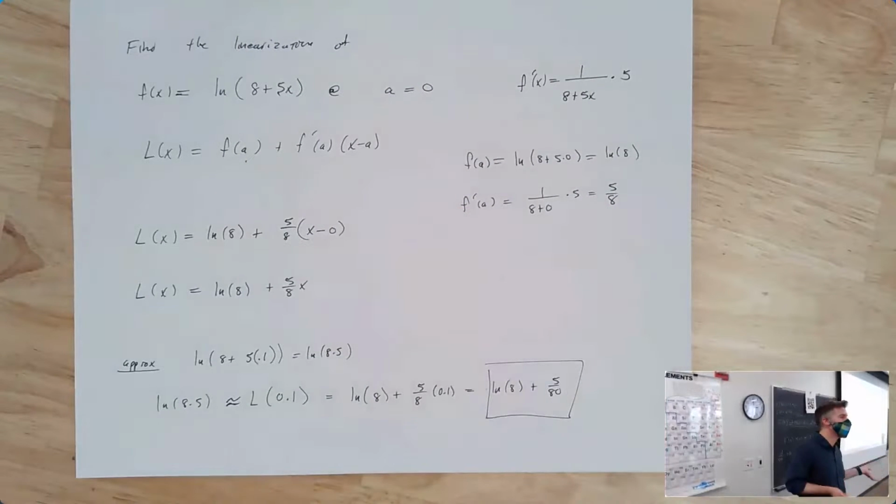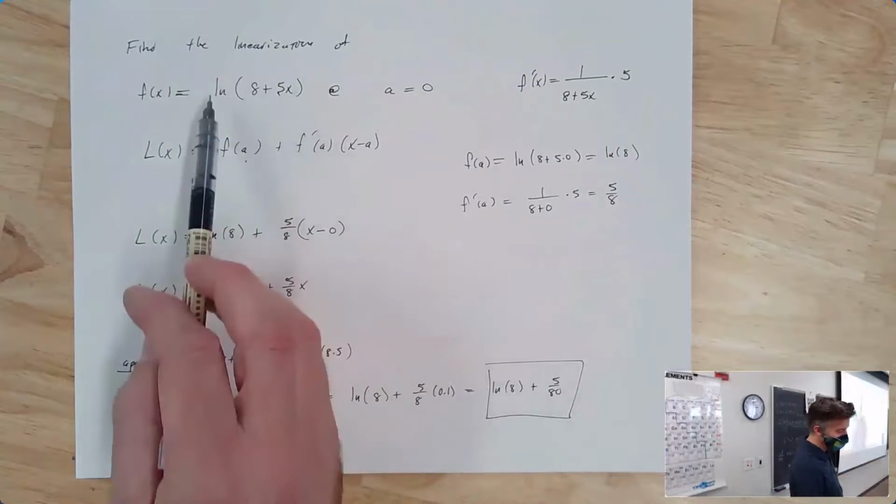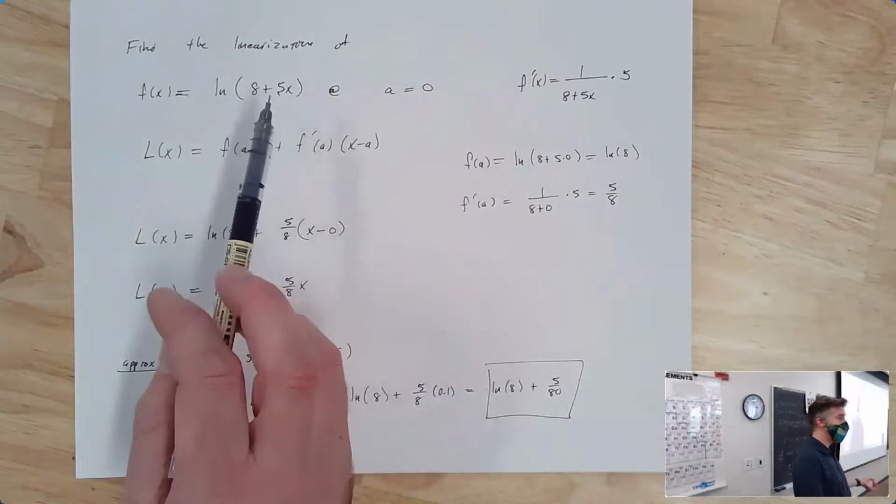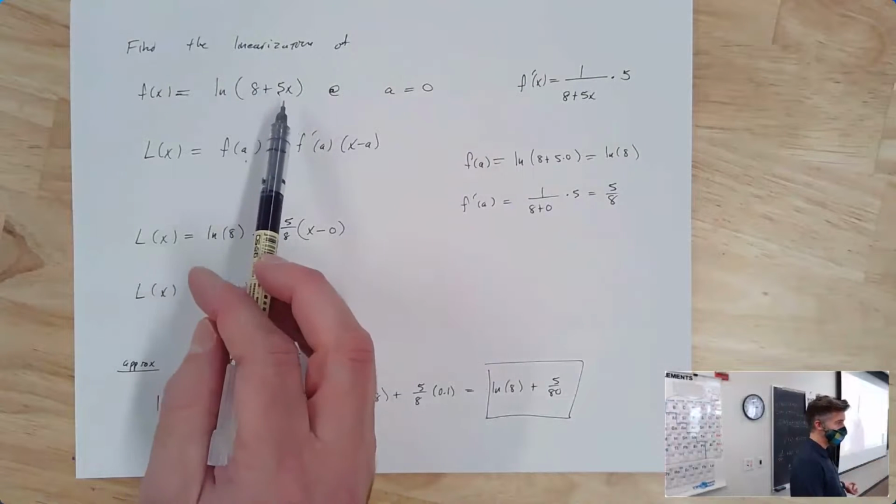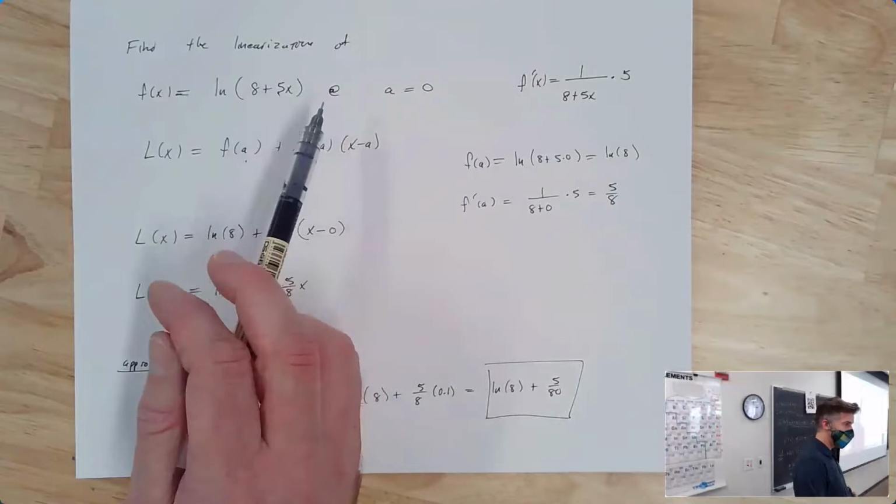But usually, if we're doing a linearization, we're trying to do it at a point that is easy to actually evaluate the function at, which this is not. It's not easy to know the value of this function when you plug in x equals 0 without using a calculator.